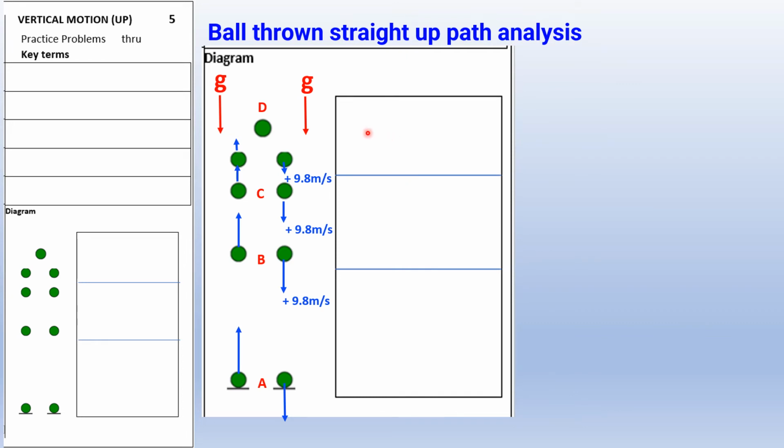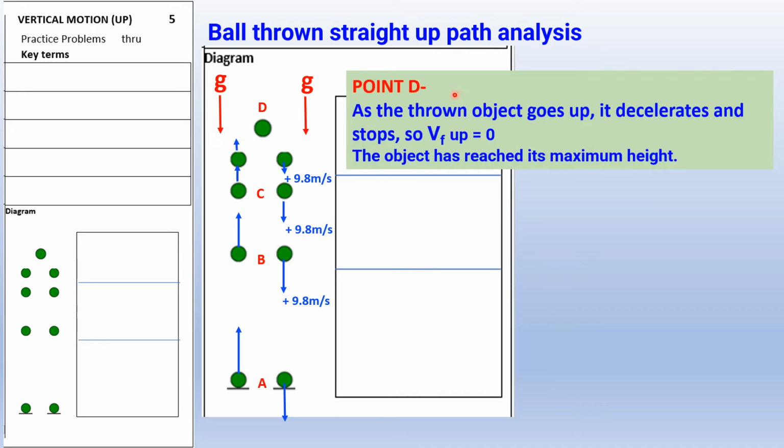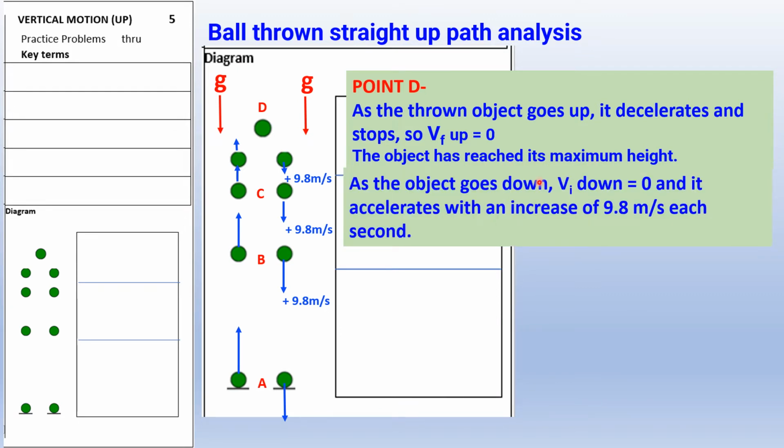Summary. At point D, as the thrown object goes up, it decelerates and stops. So the final velocity going up is 0, and the object has reached its maximum height.